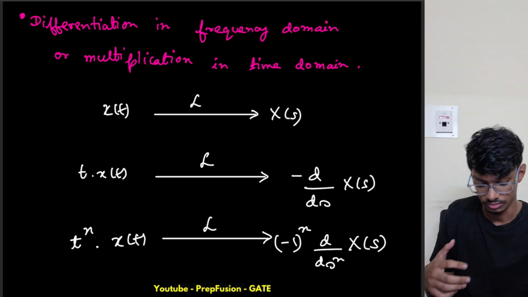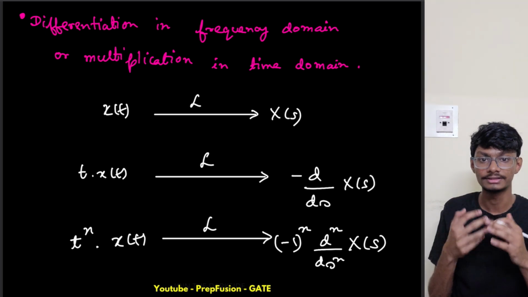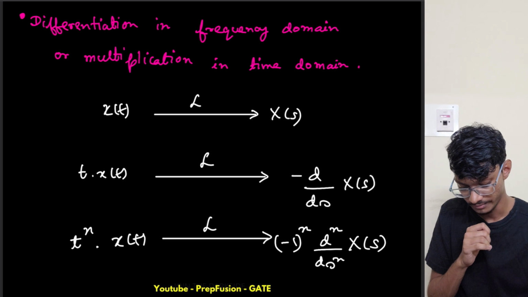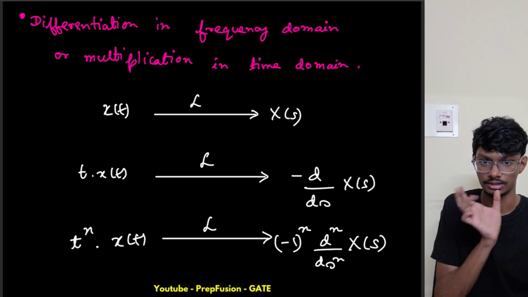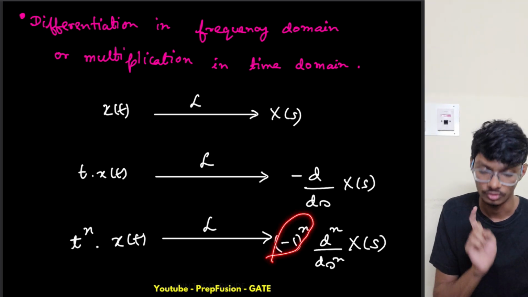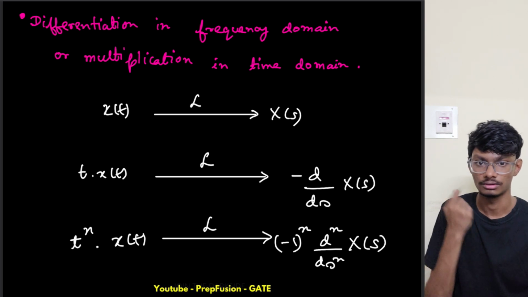So this will be n, and this will also be n. We do the nth differentiation of the Laplace transform of the actual x of t, and then multiply it by minus 1 to the power n. If n is odd, obviously we'll get minus 1; if n is even, we'll get 1 only.